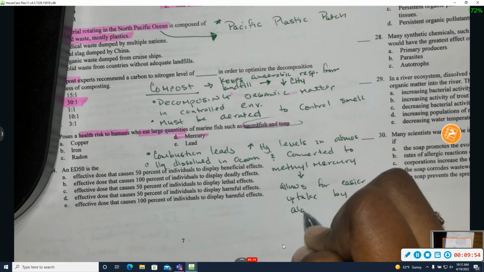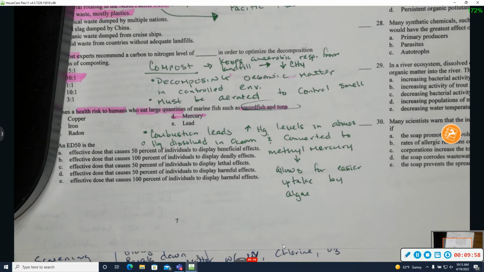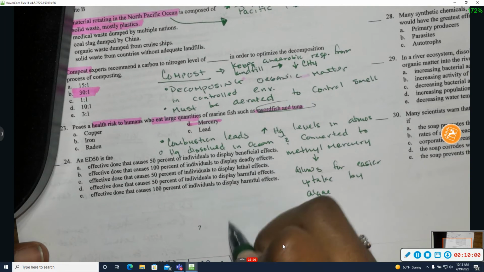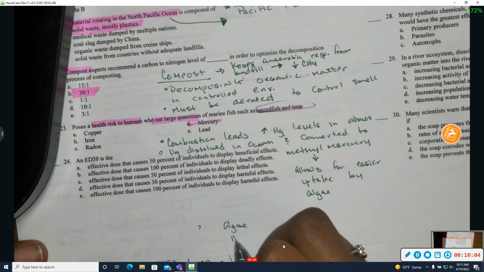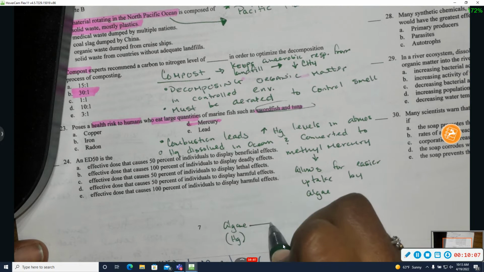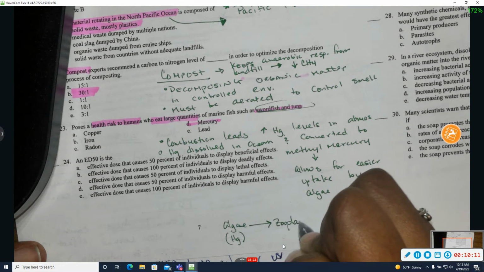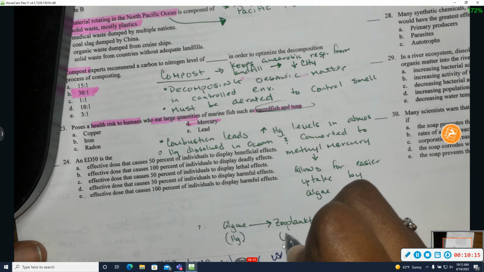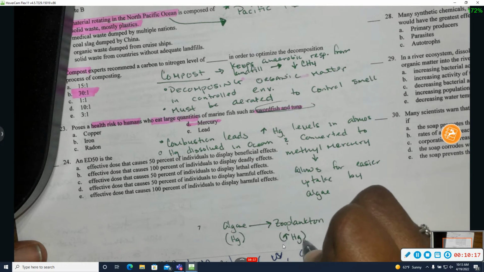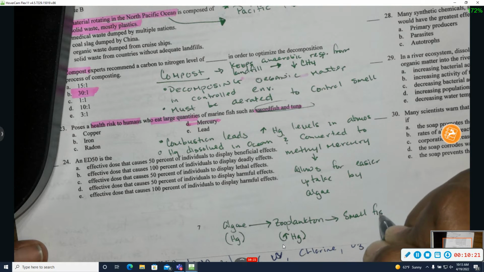By the algae. And the biggest thing here is obviously biomagnification, because you're going from algae with that methylated mercury, which is then eaten by zooplankton. And then there's even more mercury, right? Which is then eaten by the small fish.